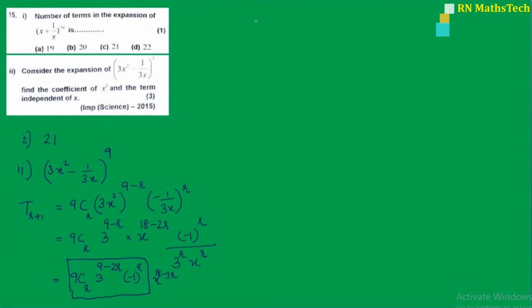Now to find the coefficient of x raised to 6, put 18 minus 3r equal to 6. So 3r is equal to 12, r equal to 4. Therefore the coefficient of x raised to 6 is equal to, putting r as 4, 9C4 3 raised to 9 minus 2 into 4 minus 1 raised to 4.